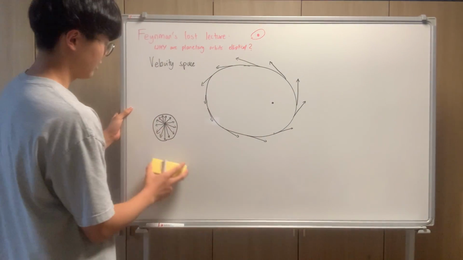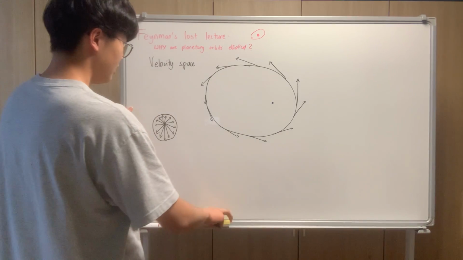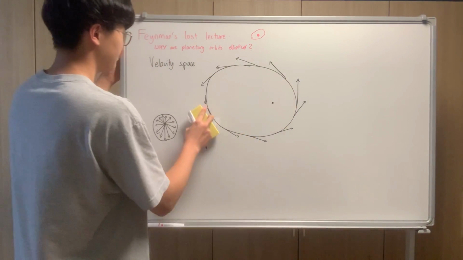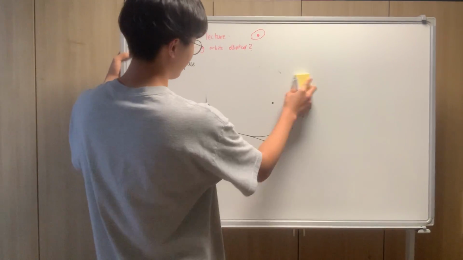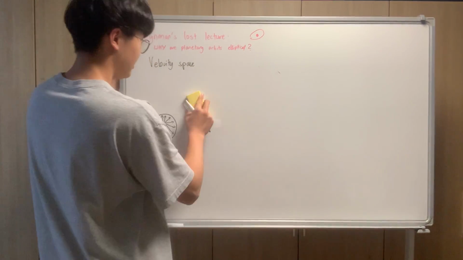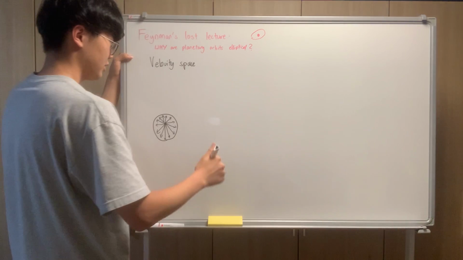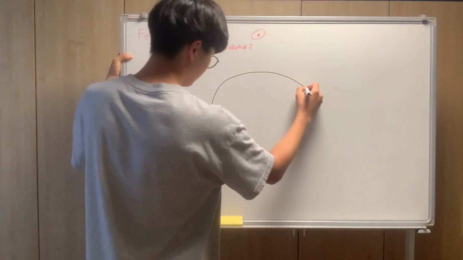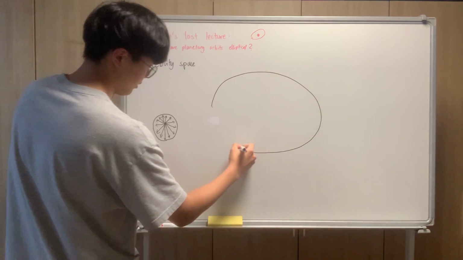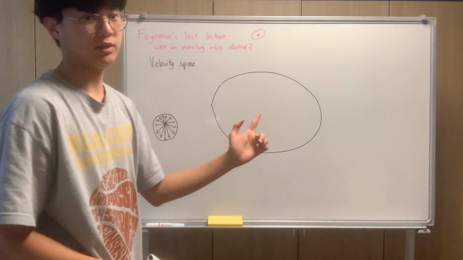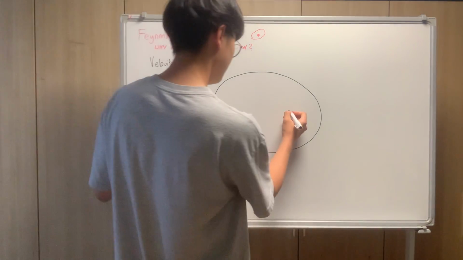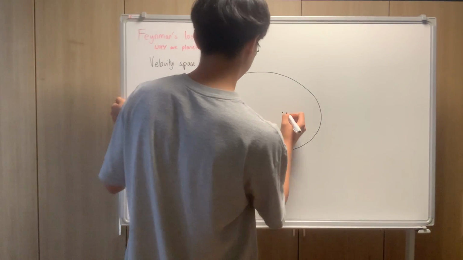And so how am I going to do that? Well, first of all, before drawing all these velocities down, I'm just going to draw the ellipse, the orbit once again. And keep in mind that I'm not assuming this as an ellipse, I'm just assuming this as any orbit. And we have the focus here.